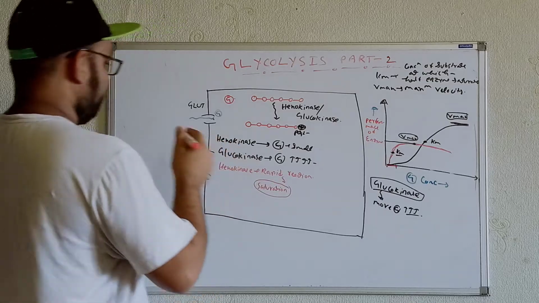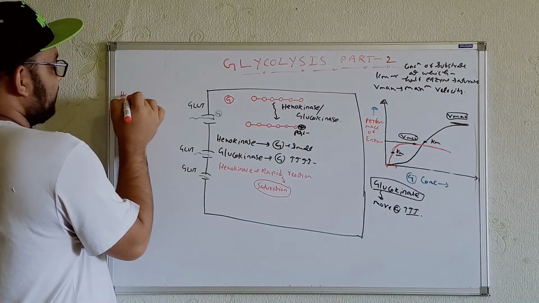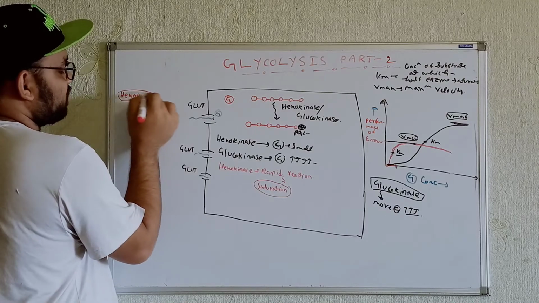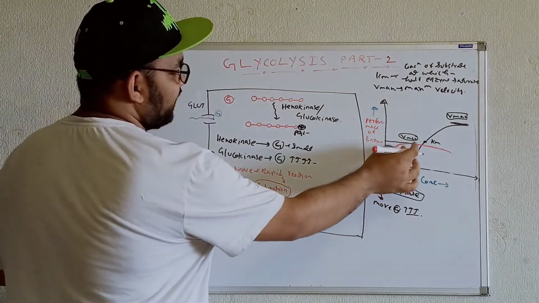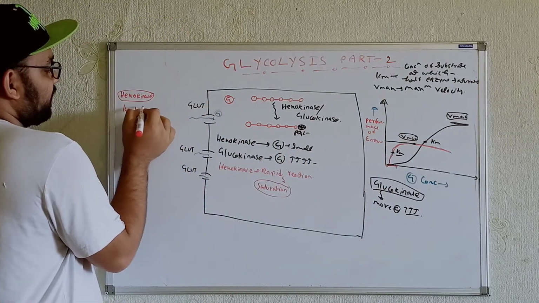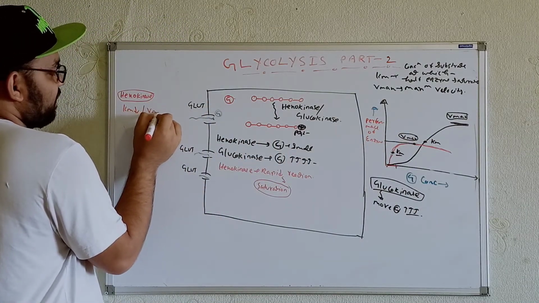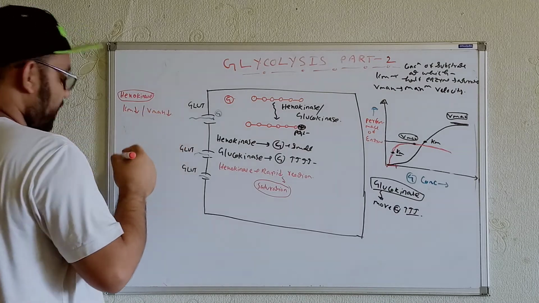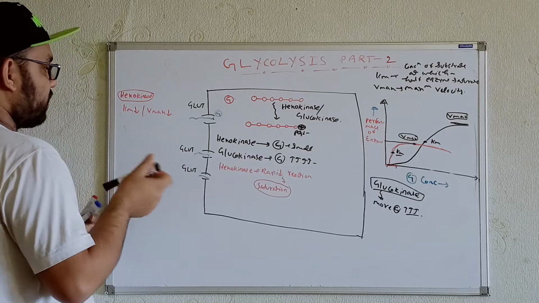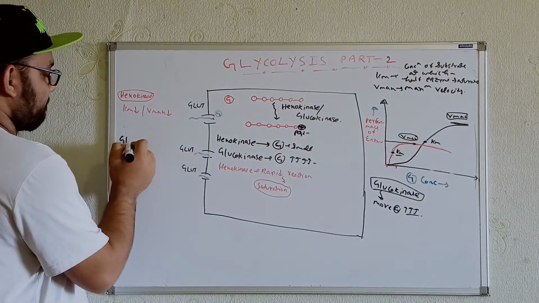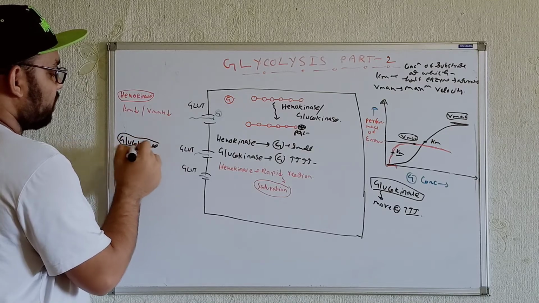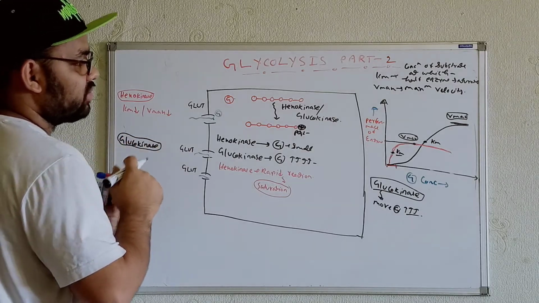Now see, if I compare between the glucokinase and hexokinase, let's write it over here. If I compare from the graph, the hexokinase has less Km and less Vmax. And if we compare with the glucokinase, the glucokinase needs more glucose molecules to get activated, to get saturated.